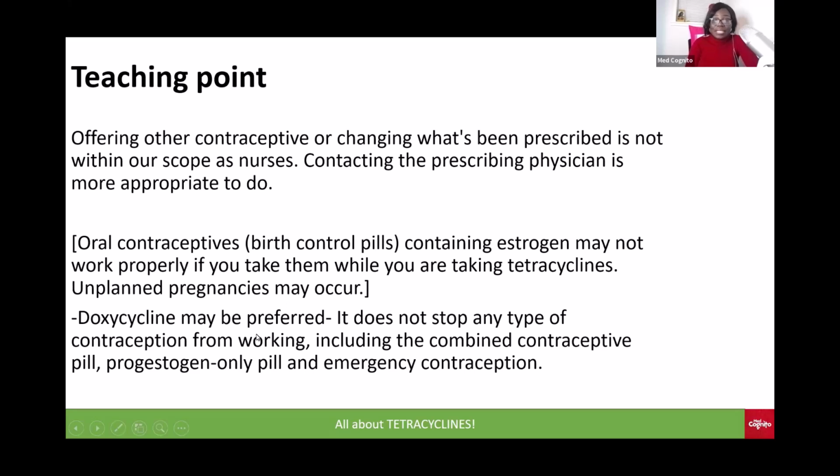And in some cases, doxycycline may be preferred because research has shown that it doesn't stop any type of contraception from working, either the combined contraceptive pill, progestogen only pill, or emergency contraception. But the key point that was being tested here is that it is not within your scope. Contact the prescribing physician.